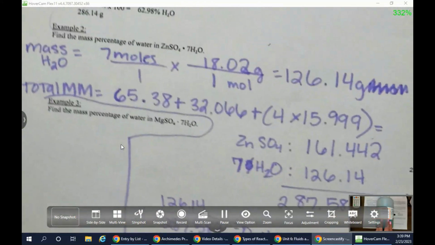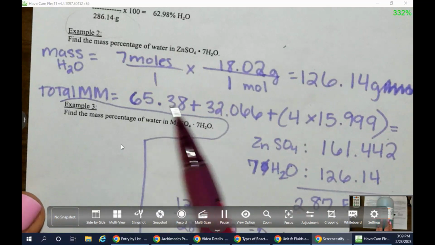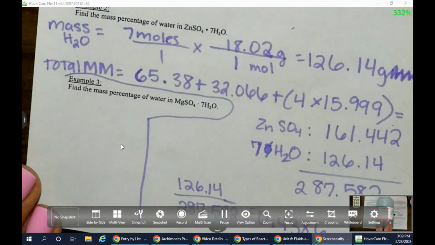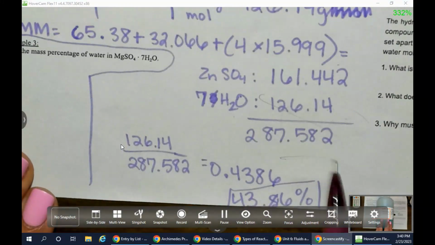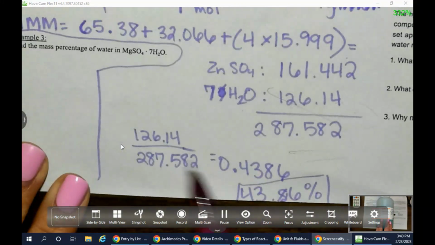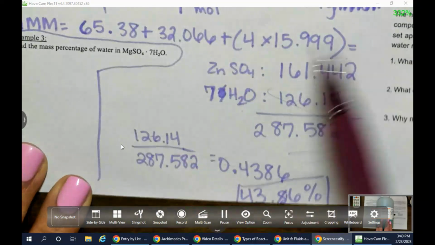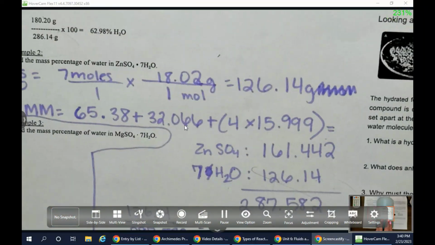So what we got to see when we broke it down in the next example was that we had to add up everything for zinc sulfate, and then we had to add the water to it to get the total of 287, blah, blah, blah. So then ultimately we took water over total to get a decimal, moved that decimal to the right, and we got 43.86% yesterday.